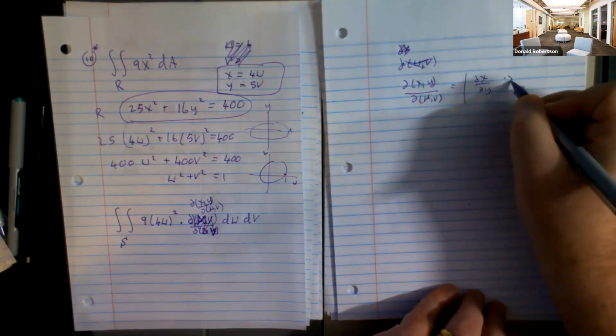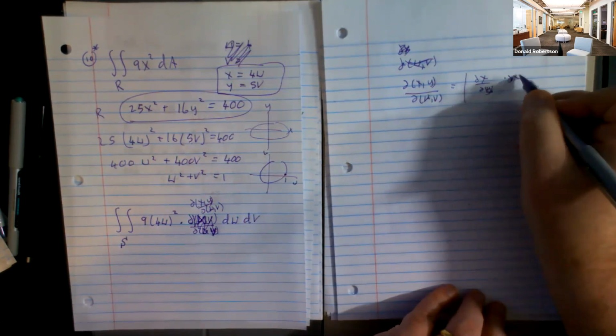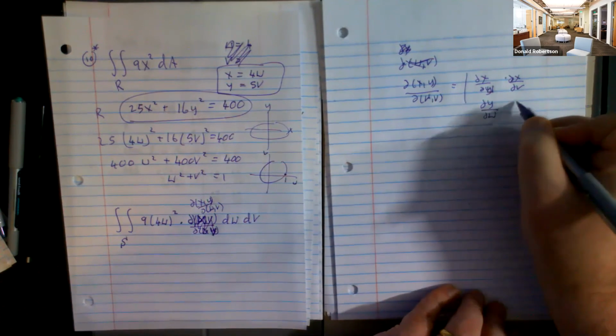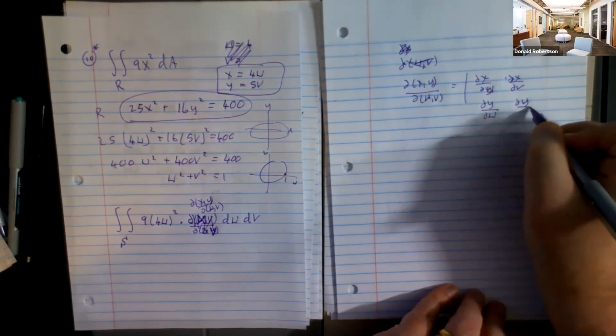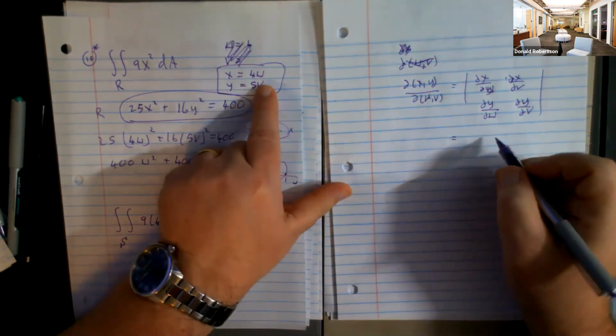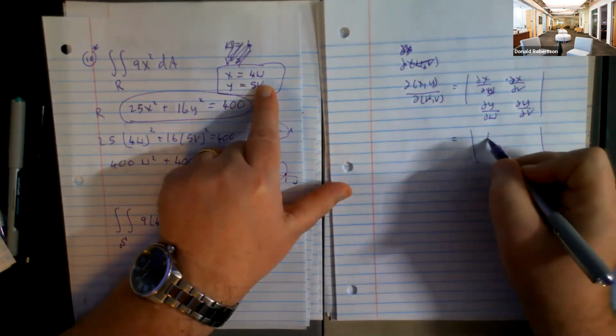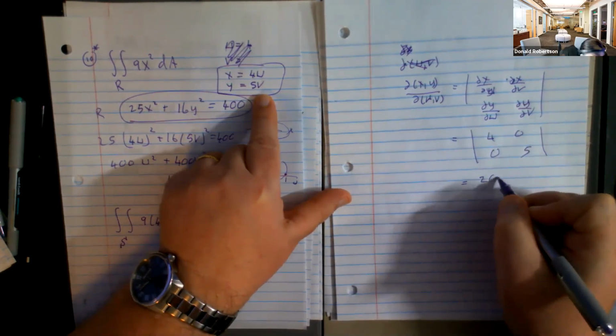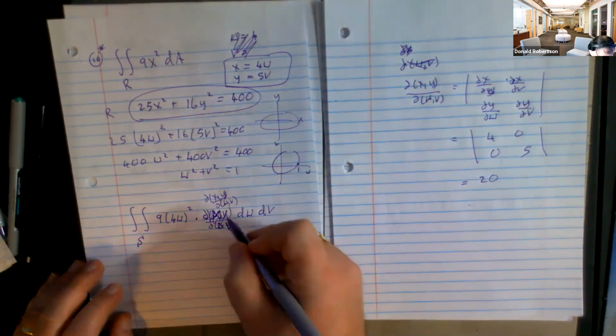Jacobian with Y, Jacobian with V. Okay, what do you get? You don't get anything very interesting. You get 4 and 0. You get 0 and 5. So the answer you get is 20.